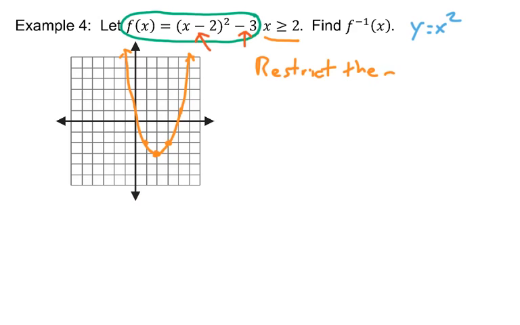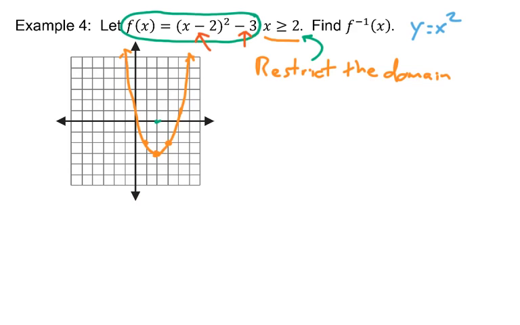We say, okay, that function is not one-to-one. What if we only looked at part of it? That's what this little x greater than or equal to 2 is doing. This is saying we're only going to consider that part of the graph that is valid for values of x that are greater than or equal to 2, from here to the right.